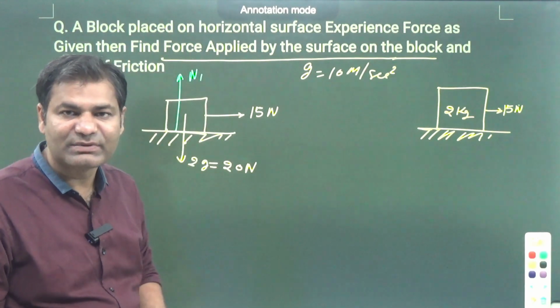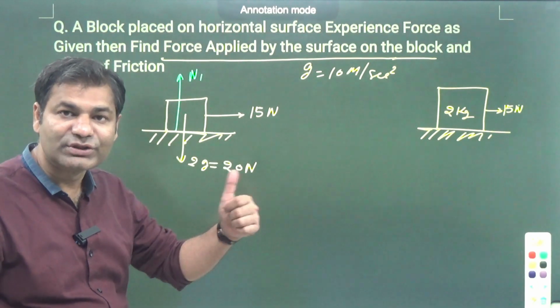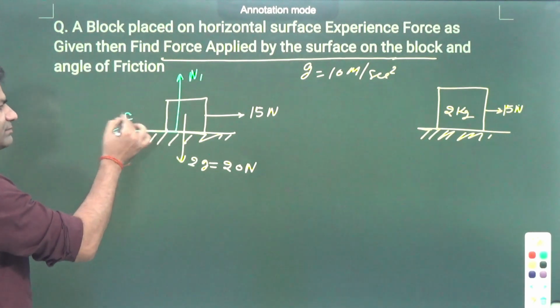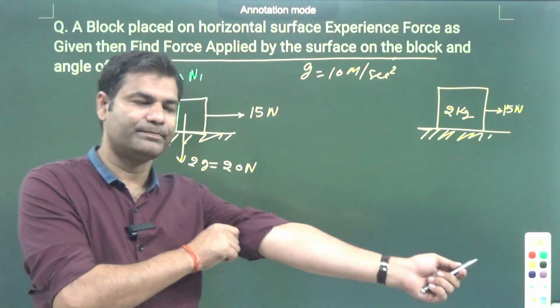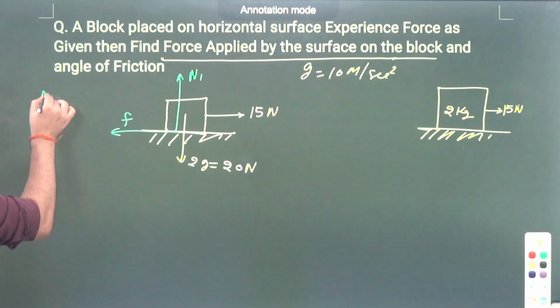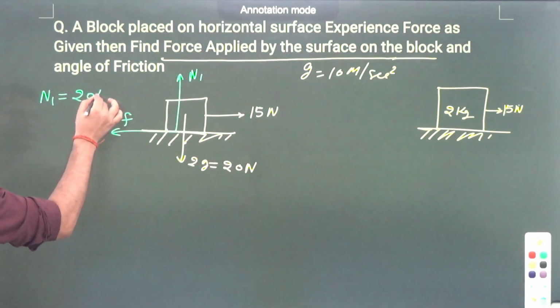Its direction is opposite to the applied force, because it opposes the motion. In the balanced condition, N1 is equal to 20 Newton. Clear?